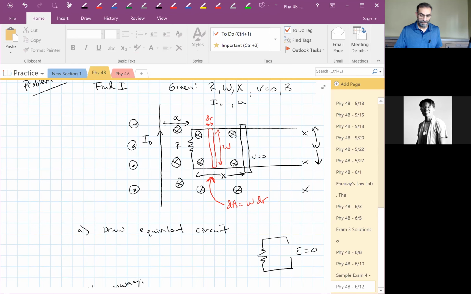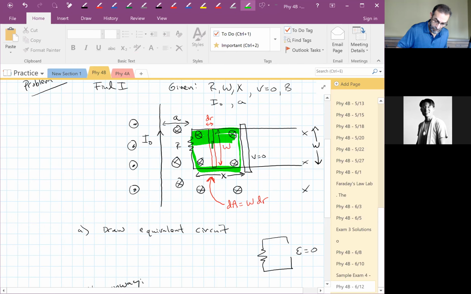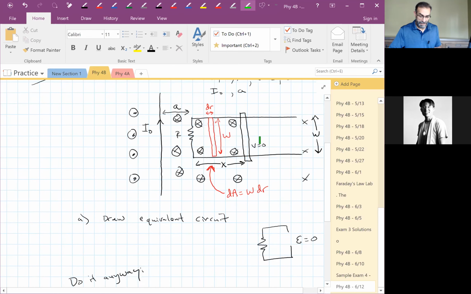A to A plus X over the area of the loop. This area right here. Right? That area right there. Okay, A to A plus X.